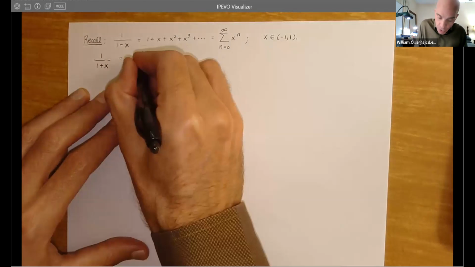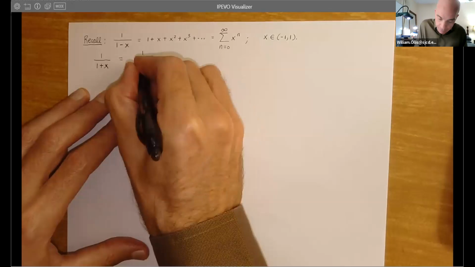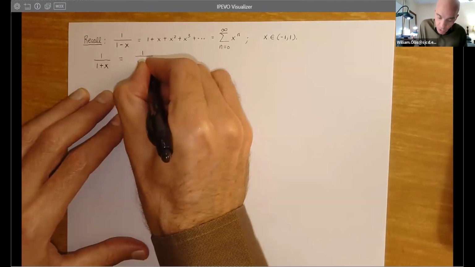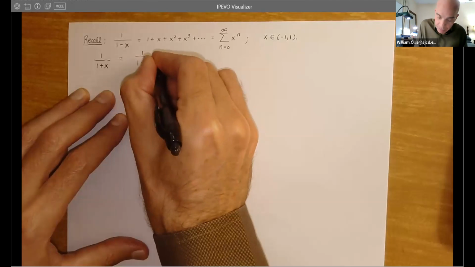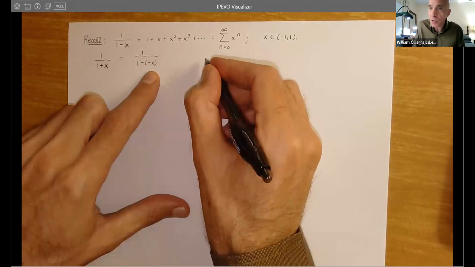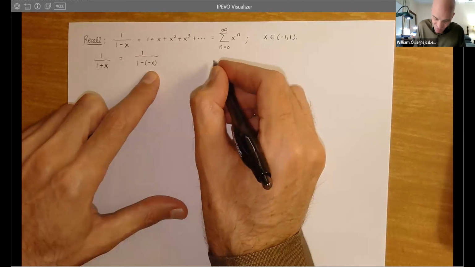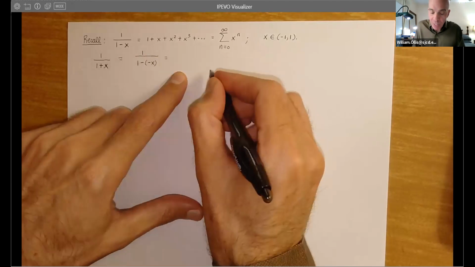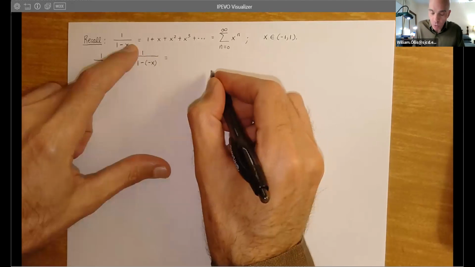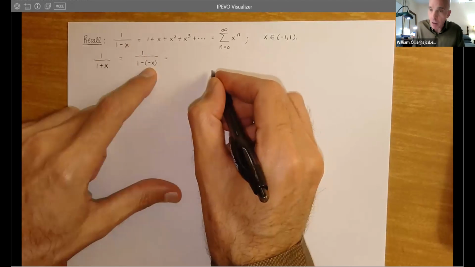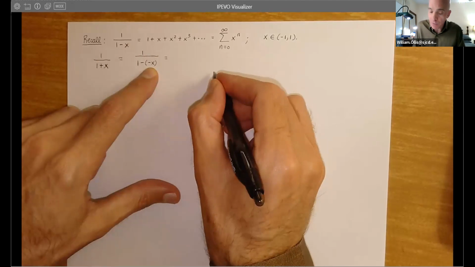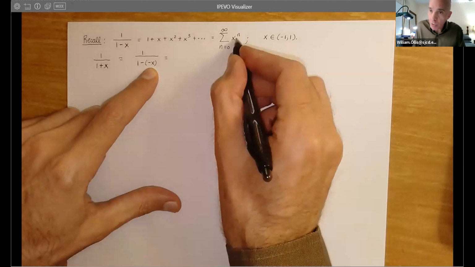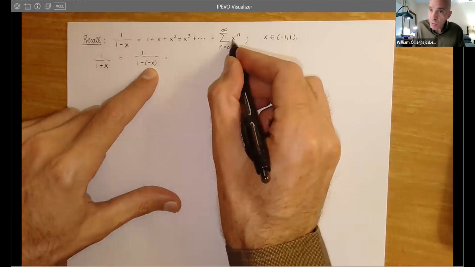So we just put in 2 negatives. Again, this is something I've talked about before, but now I really need to hit home with this so you understand this construct. So we don't have to start over. We now know that we have an a of 1, and then we have an r of the additive inverse of x. So we can just run over here and replace the x with the negative.